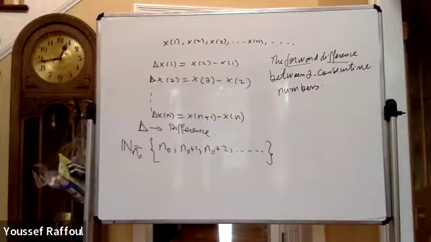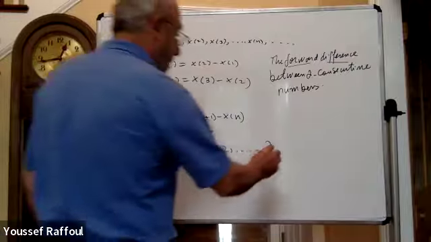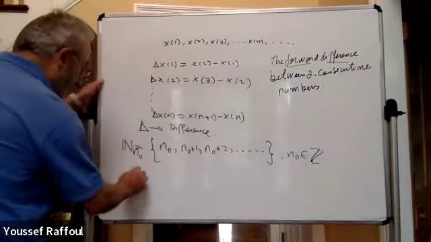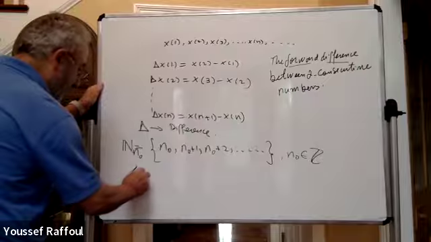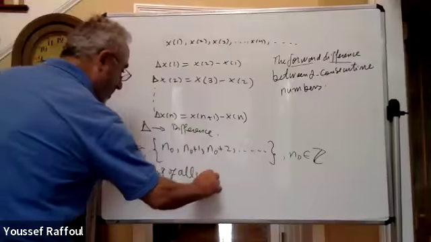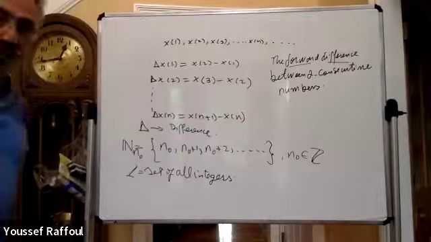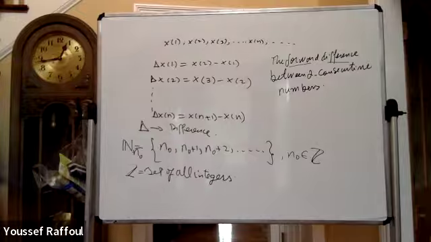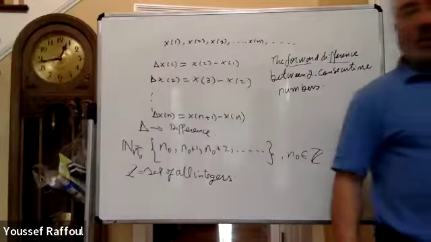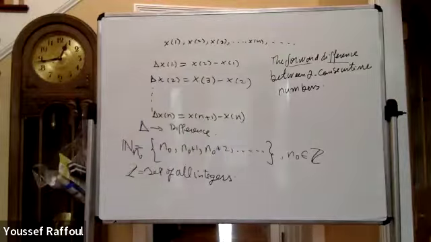Where n0 belongs to Z, and Z equals the set of all integers. It could be negative, but we usually take n0 to be bigger or equal to 0, or we take it to be 0 most of the time.